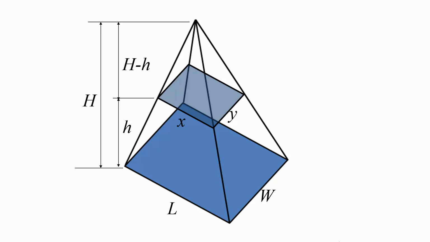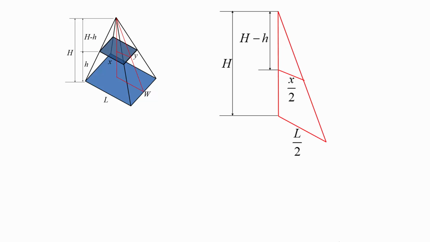We're going to use that information to obtain some relationships. And to do that, we're going to create what we call similar triangles. Look at how we've constructed two similar triangles. That means one right-angled triangle inside a larger right-angled triangle. And here's another way of looking at it.